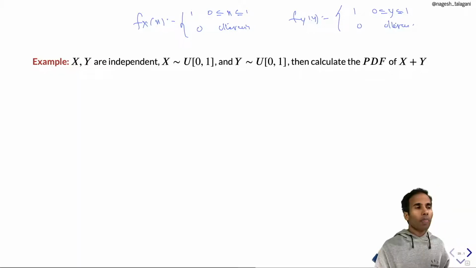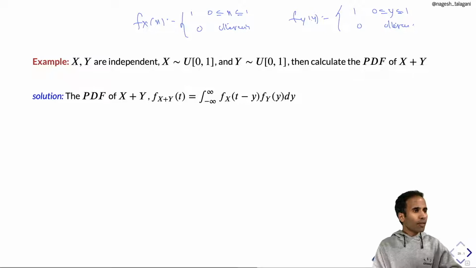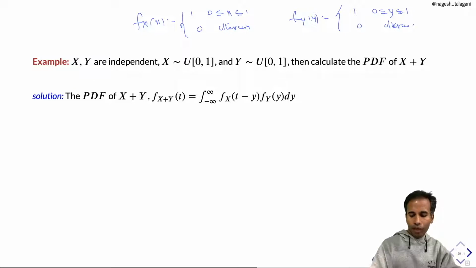Now the convolution formula that we have for the PDF of x plus y is this: fx plus y of t equals the integral from minus infinity to infinity of fx of t minus y fy of y dy.